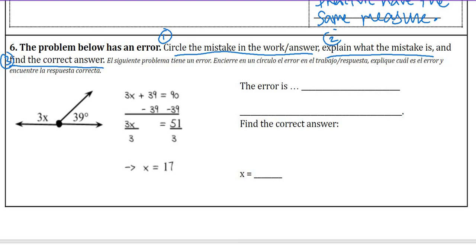First, I need to find the mistake. Okay. They had 3x and 39, and they set it equal to... There it is.